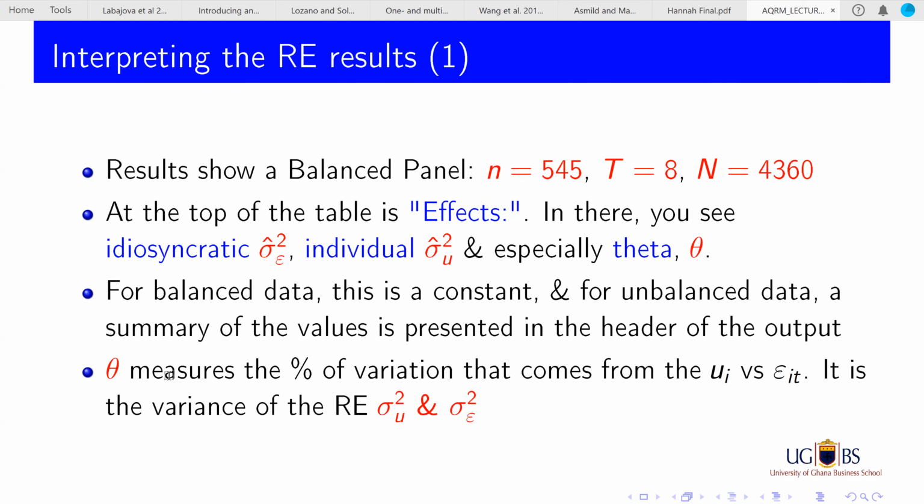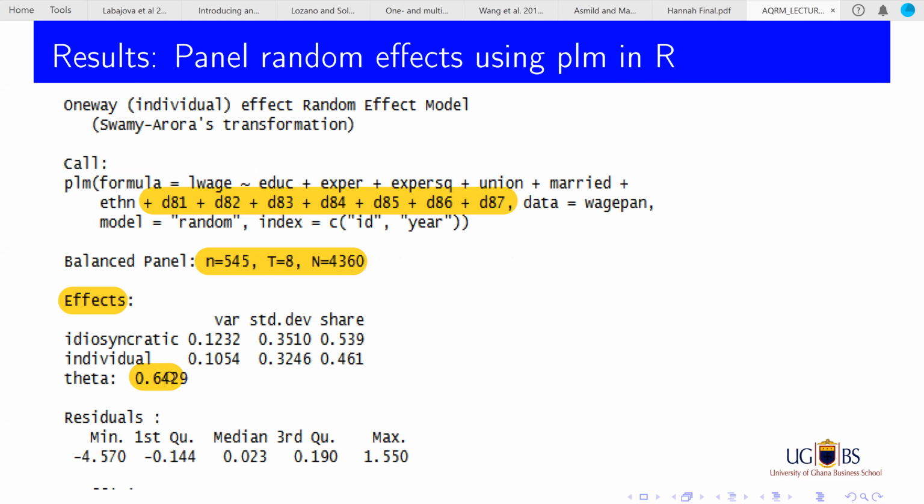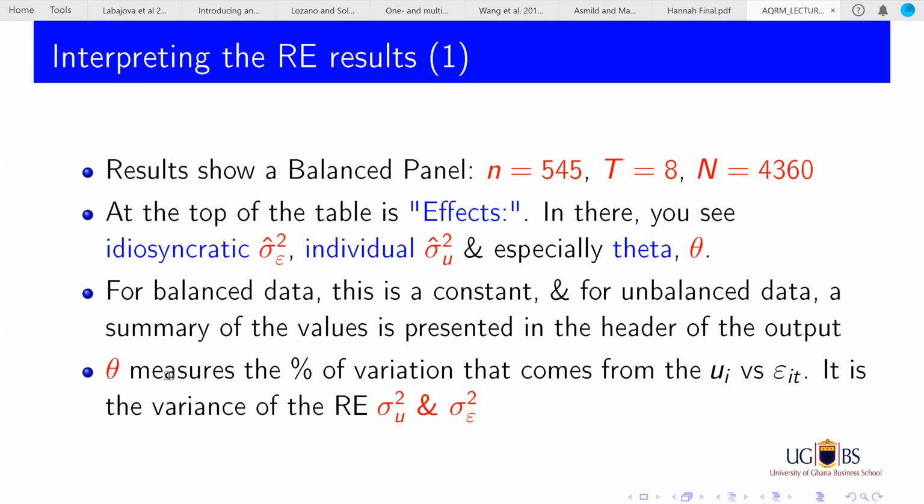So when you look into the error, this random effect is telling you that if you had not used a random effect model, then you would have had 64% of the unobserved factors hidden inside the error. You would attribute them to the error term, which you should not.